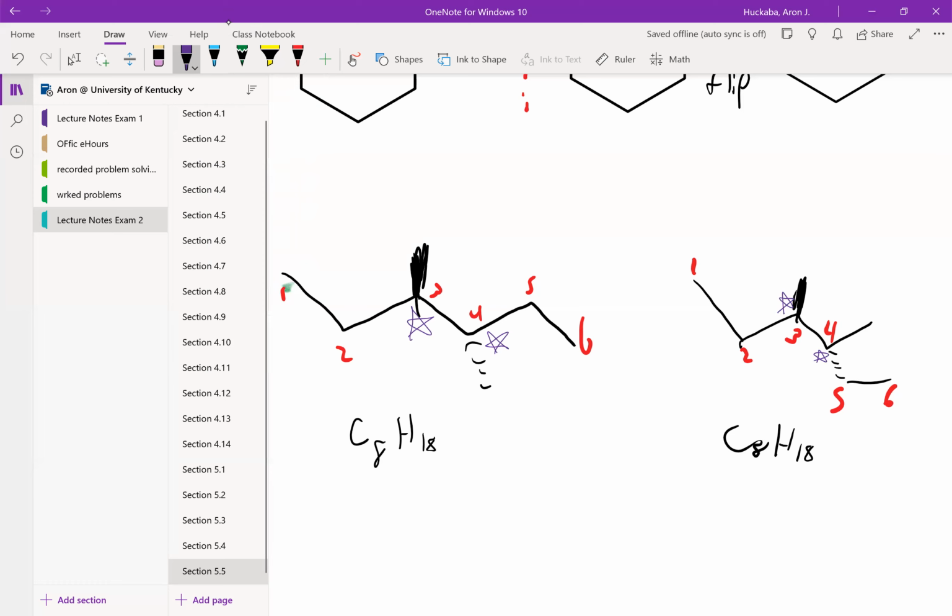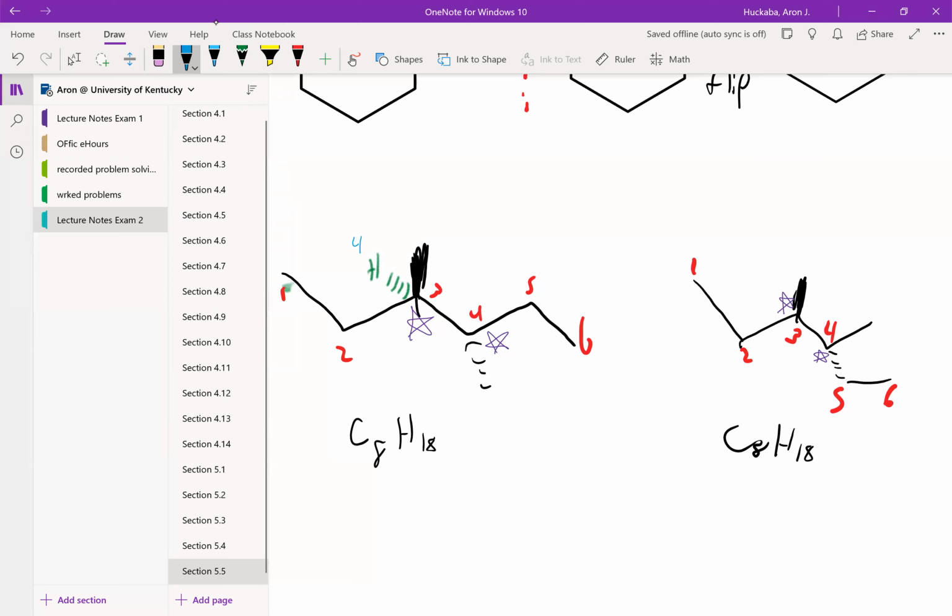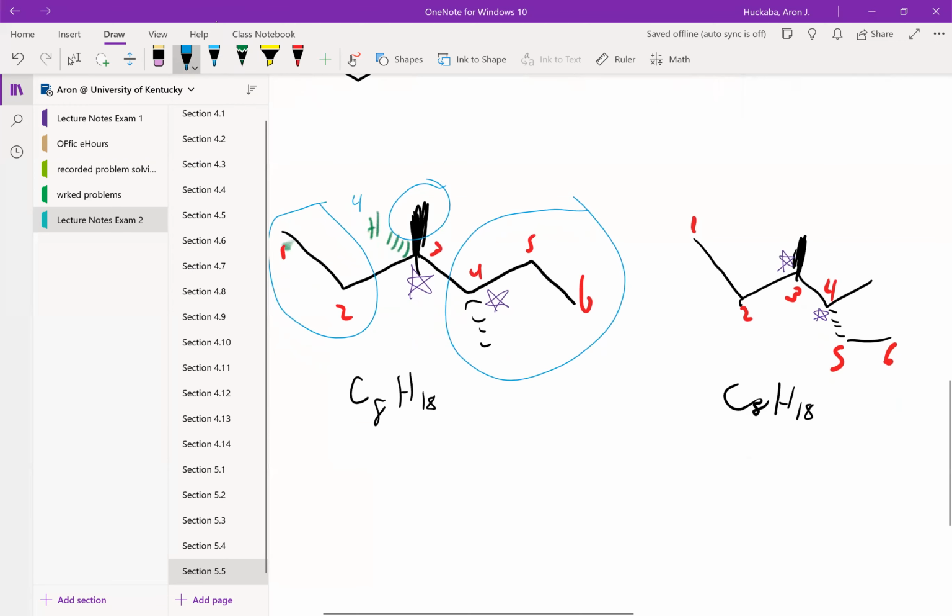Okay, so looking at what we'll start with on the left. On the left, we have 4 substituents, right? So we need to assign priority. So hydrogen's 4, obviously. And then we have 3 other substituents. And it looks like we're going to have to do a tiebreaker.